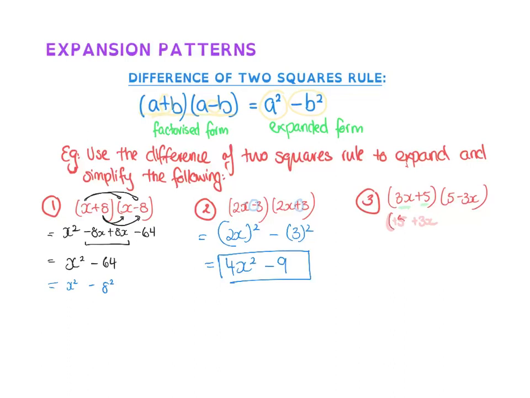I've kept the signs in front of them, so I could write that, and then I've got 5 minus 3x. Once I do that, I have the same thing and different signs, so I can solve it using the pattern. The pattern says that we square the first term, so 5 squared minus the second term squared. So 5 squared is 25, and remember we've got to square the number, so 3 squared is 9, so 9x squared, and there's your answer.